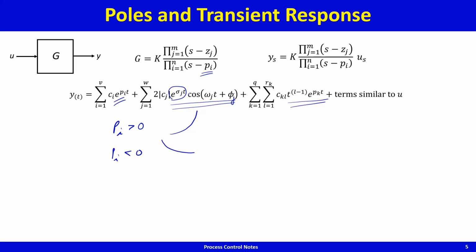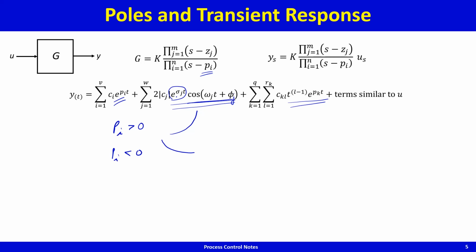If this sigma is positive, of course there is the oscillatory part, the cosine part. The cosine or the sine part will always be between +1 and -1. The amplitude is actually going to blow up or diminish depending on whether sigma j is positive or negative.